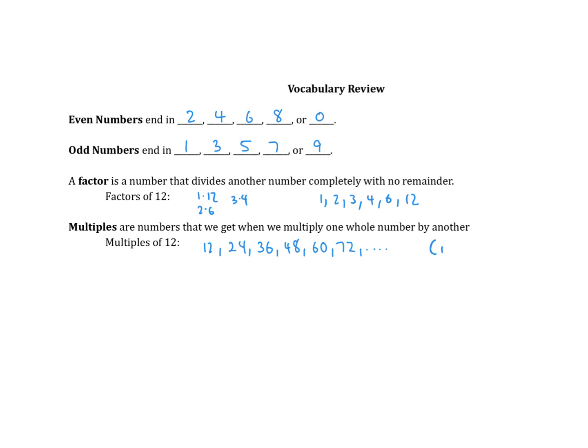It's called an infinite list because there are an infinite number of multiples of 12. I could keep listing multiples of 12 all day long. Factors are a finite list. A finite list is a list that does end, or we could count how many there are. An infinite list goes on forever.